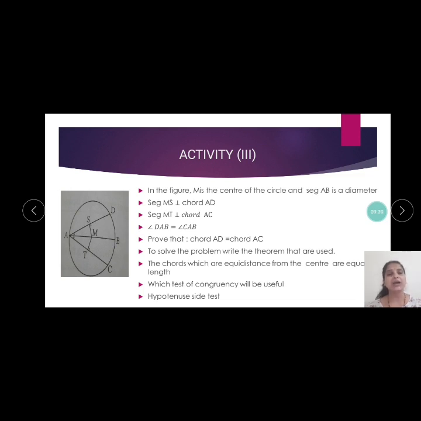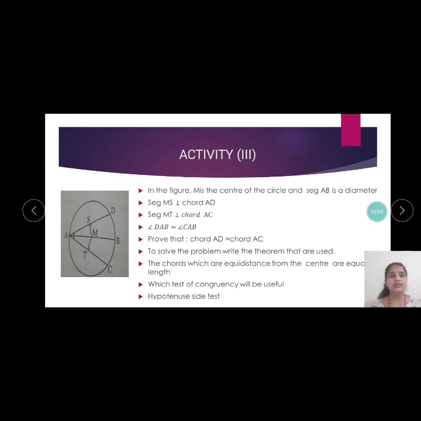M is the center of the circle, AB is the diameter, MS is perpendicular to AD, and TM is perpendicular to AC. We have been given that angle DAB is equal to angle CAB. After that, we have to prove that AD is equal to AC.